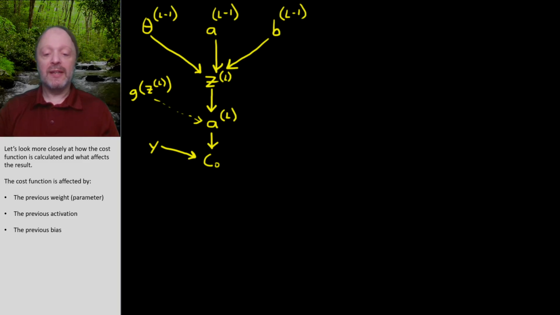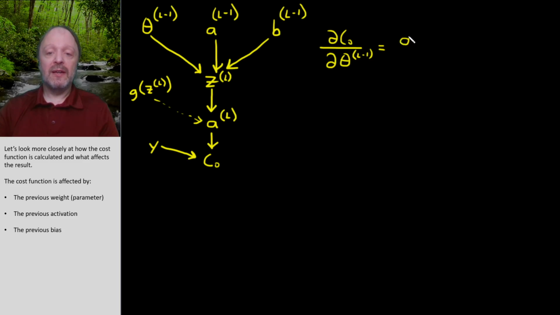So let me show you what that looks like. It turns out it's not horrible, but it does use some calculus. If I want to find how the cost function is affected by the previous weight, L minus 1, what I'm going to do is set up a cascade of chain effects. When you first started doing the chain rule in calculus, you probably saw something like this, and then it just kind of falls away and isn't used very often.